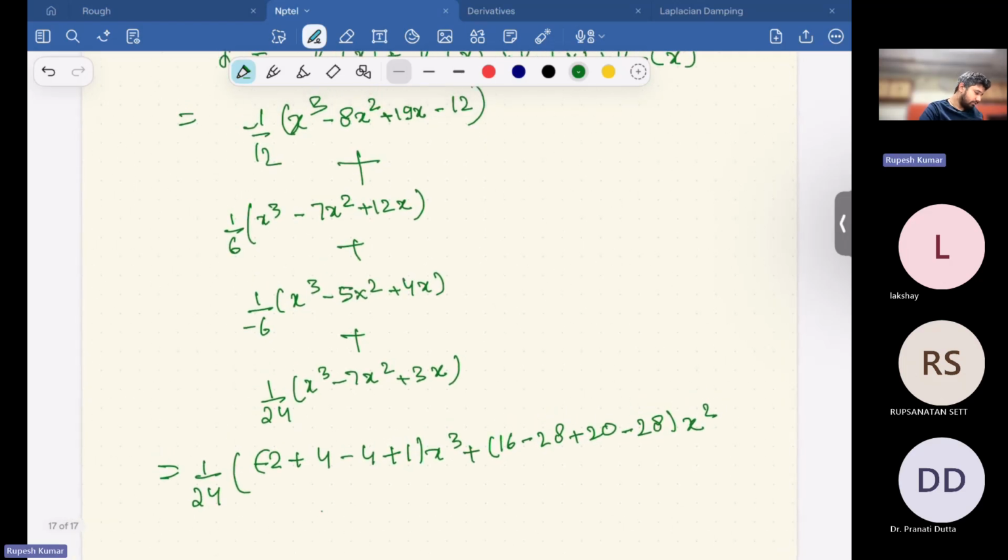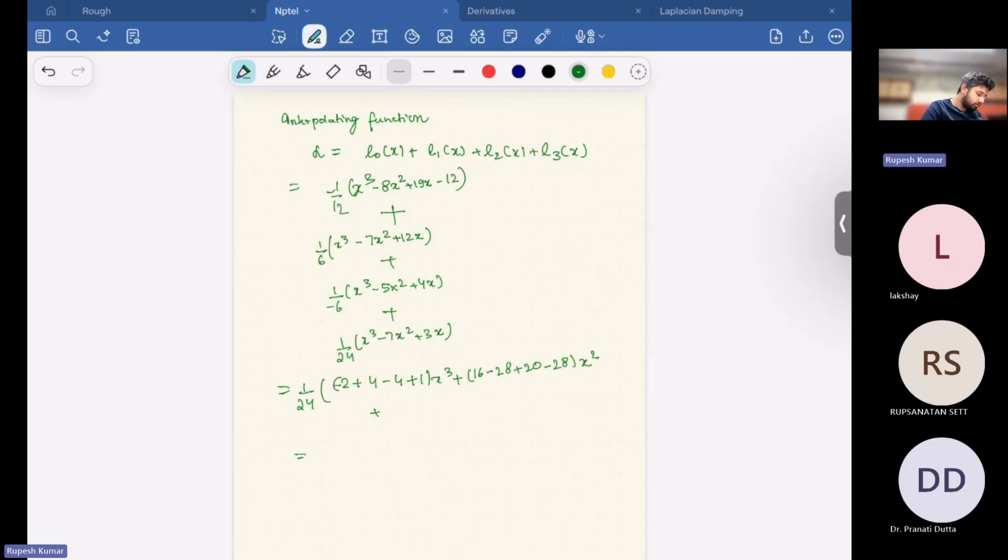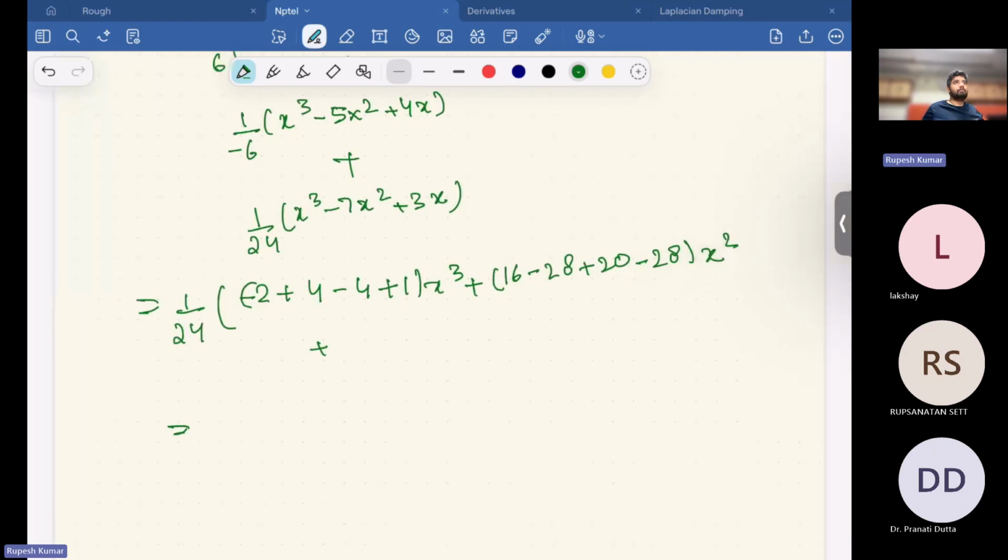Okay, so I think now you know how to come up with the solution. When you solve this, you will see that it is equivalent to the polynomial interpolation formulation you got. So let me just bring up the result here.